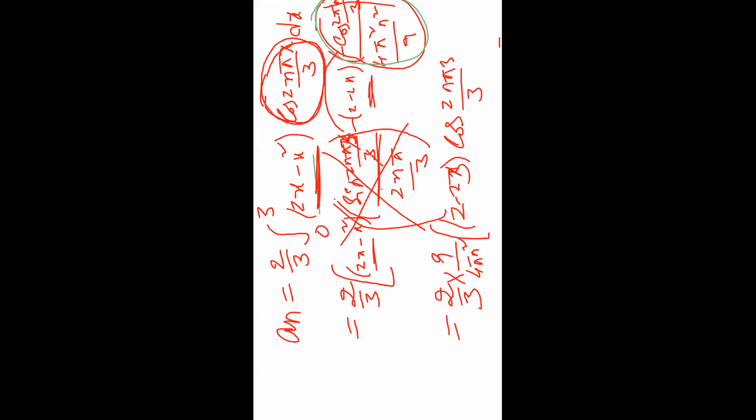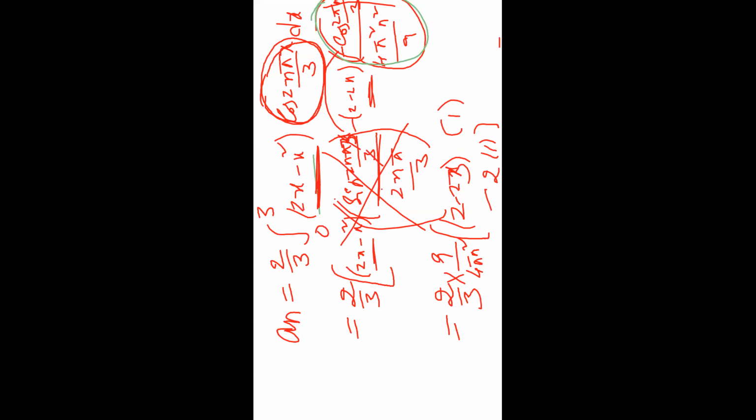Here also 3, replacing upper limit minus lower limit. So replacing, minus 2 into cos 0 equal to 1. Here 3 and 3 cancel, cos 2n pi. The cos of an even multiple of pi is 1.